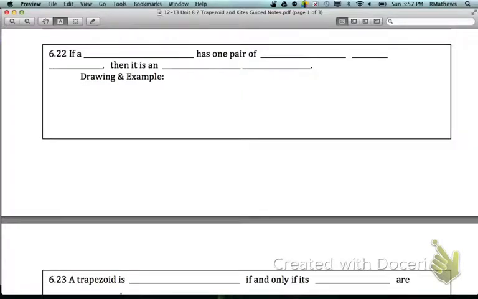All right, our next isosceles trapezoid theorem is 6.22, which tells us if a trapezoid has one pair of congruent base angles, so one pair of its base angles are congruent, then it is an isosceles trapezoid.